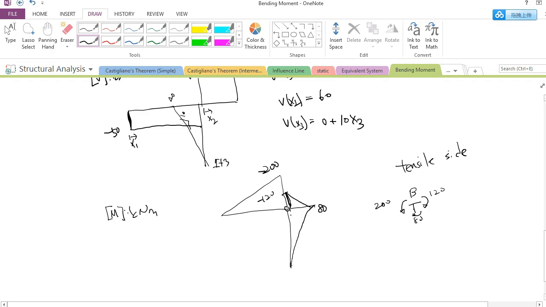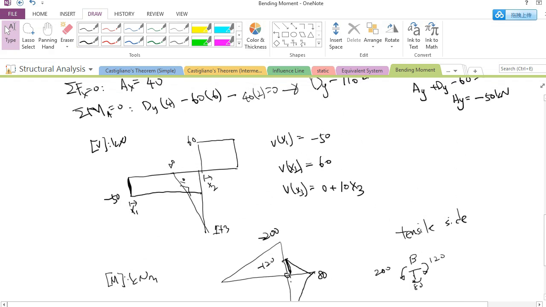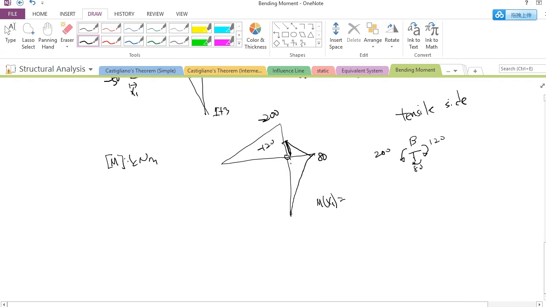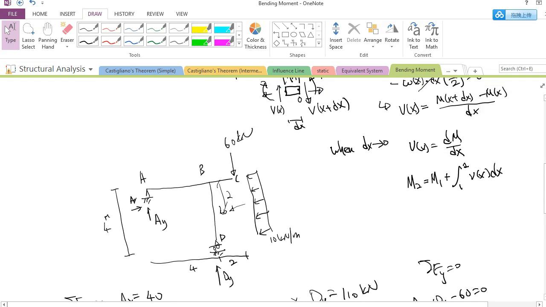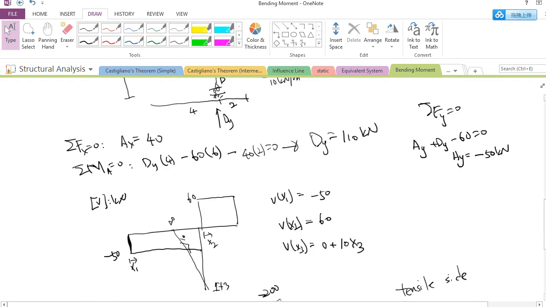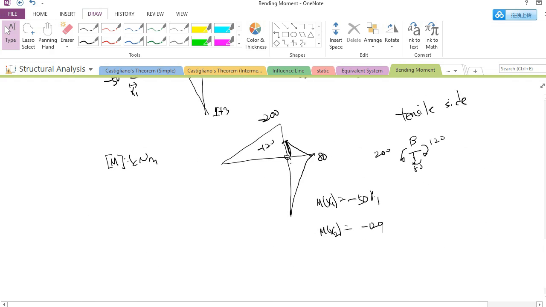Let's write down the equation. M of x1 is the integration of V of x1, basically negative 50 x1. M of x2, the starting point is negative 120, the starting point at point B, for segment BC, and then we integrate the function V of x2, which is nothing but 60 x2.